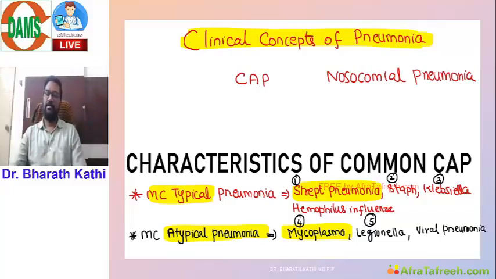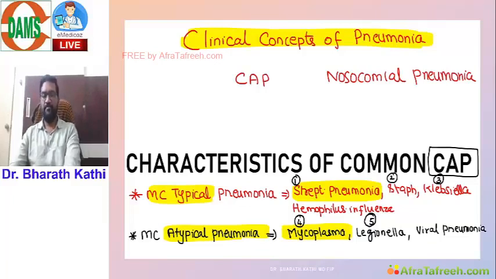In community acquired pneumonia, a patient is coming from the community, he is having pneumonia, see whether it is a typical or atypical pneumonia, and depending on that, you can suspect the organism and plan the treatment. First, the differentiating features of streptococcus, staph, Klebsiella.